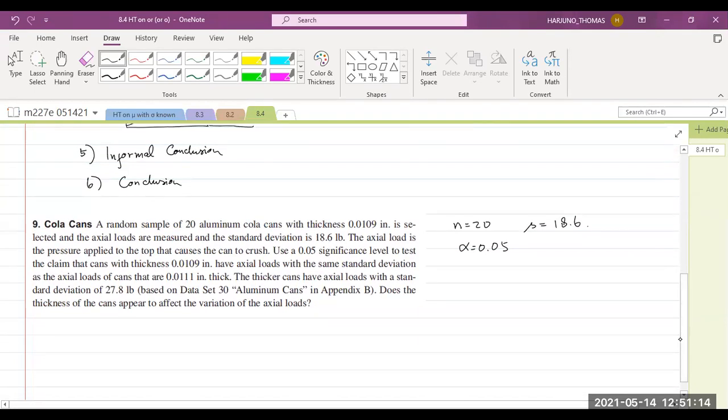So what is the claim actually? The claim that we want is that cans with this thickness have axial loads with the same standard deviation as the axial loads of cans that are 0.0111 inch thick, which is 27.8 pounds. The claim is rather long, huh?